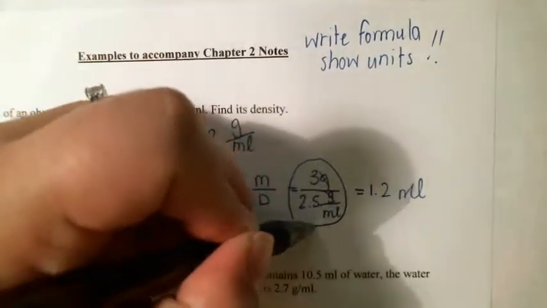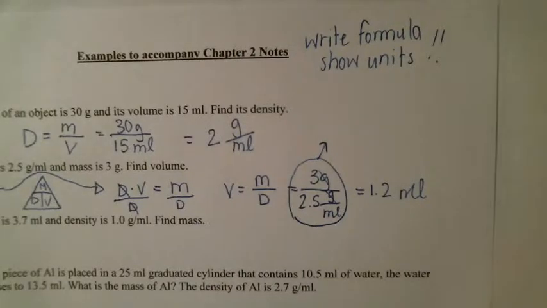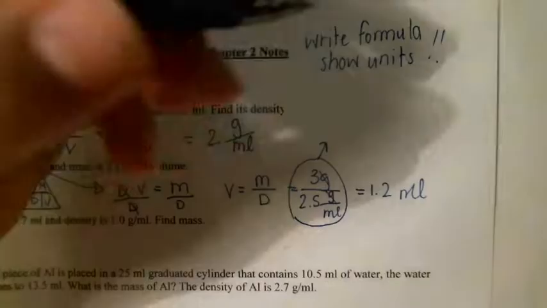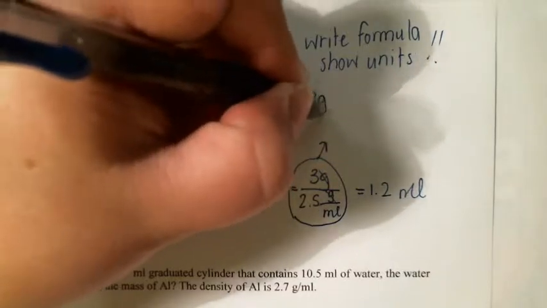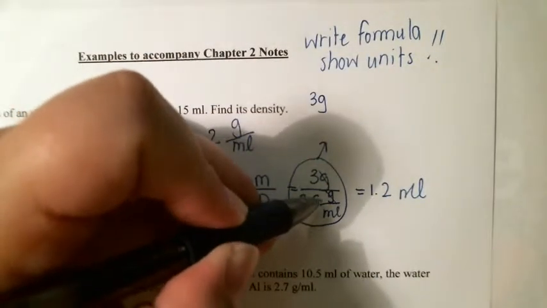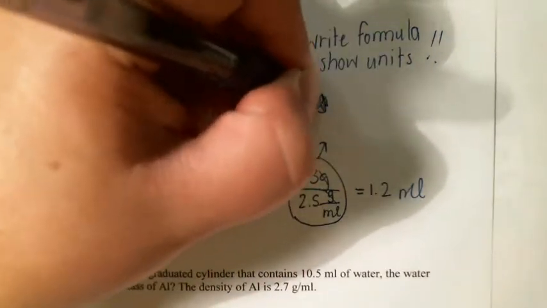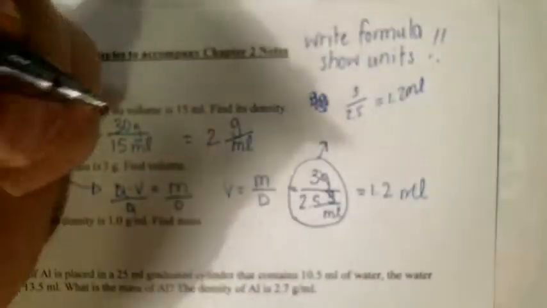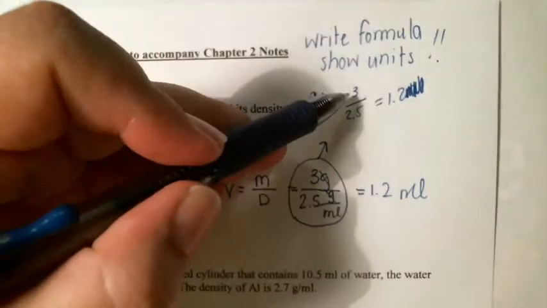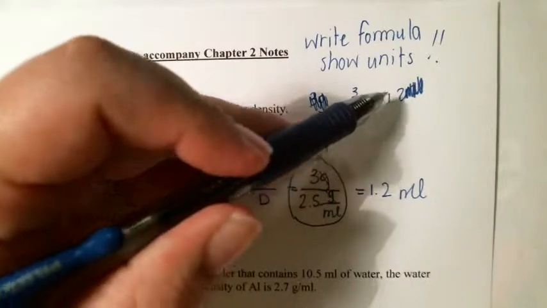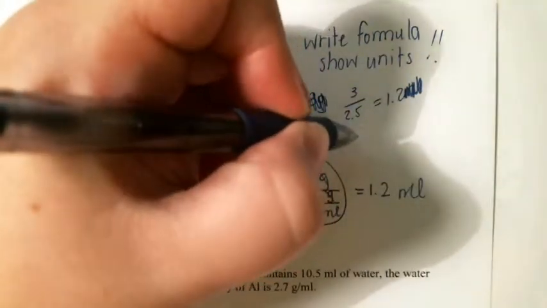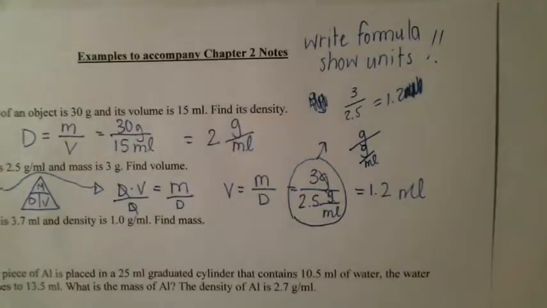This part, I just want to expand on how I solved for the units a little bit more. Okay. If we have 3 grams divided by 2.5 grams per milliliter, if we deal with the numbers first, 3 divided by 2.5 equals 1.2. But now let's deal with the units to see what the correct units would be. We have grams divided by grams per milliliter. Okay.